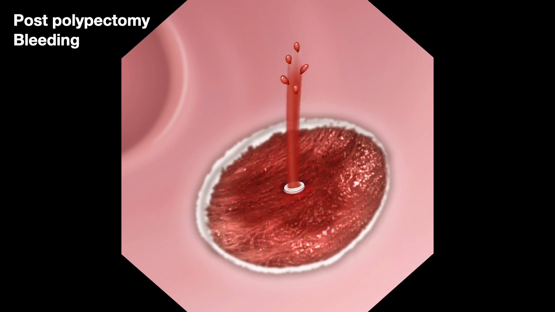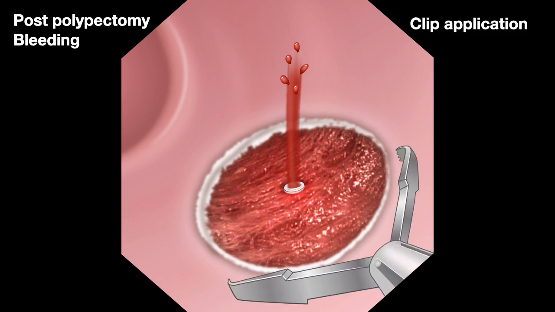So here is ongoing bleeding and you decide to apply the clip. The most important thing when you're applying the clip is you want to use your first clip to deploy just across the vessel and make sure that once you close the clip, you watch for the bleeding to stop. Watch for a few seconds.